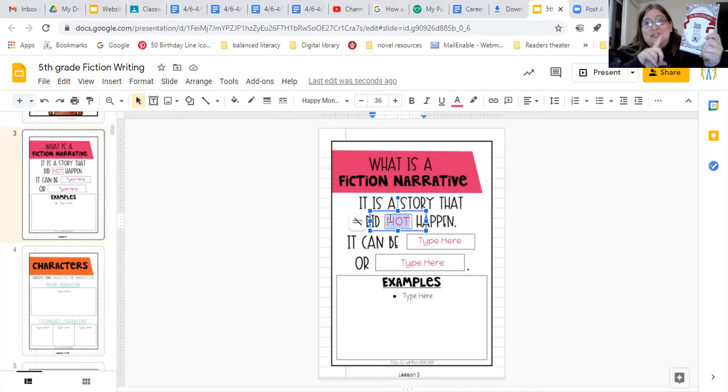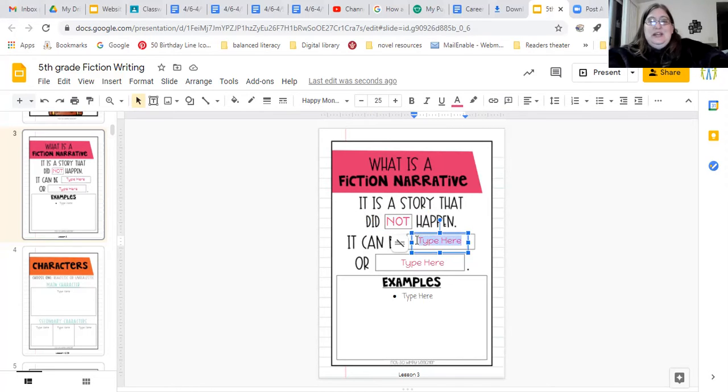Number the Stars was definitely realistic. That absolutely could have happened during World War II, right? So a story can be realistic, meaning it could happen, or it can be unrealistic, meaning there's no way this could happen at all.